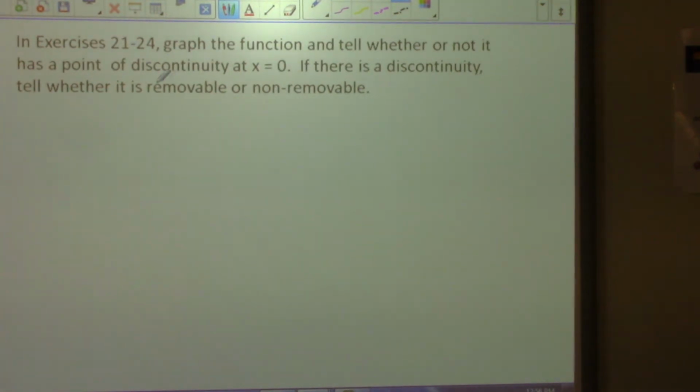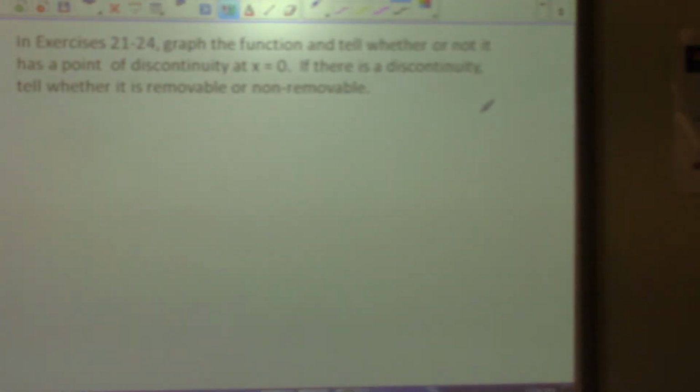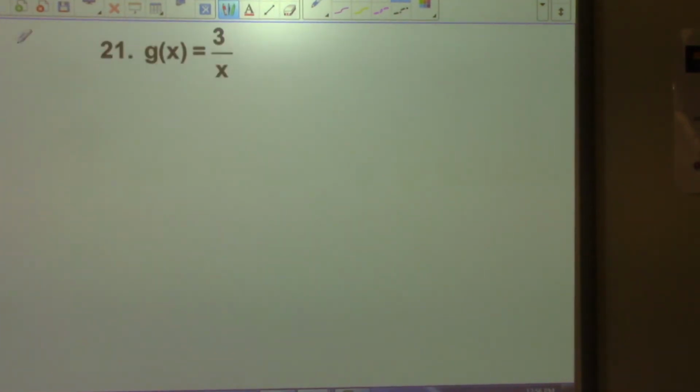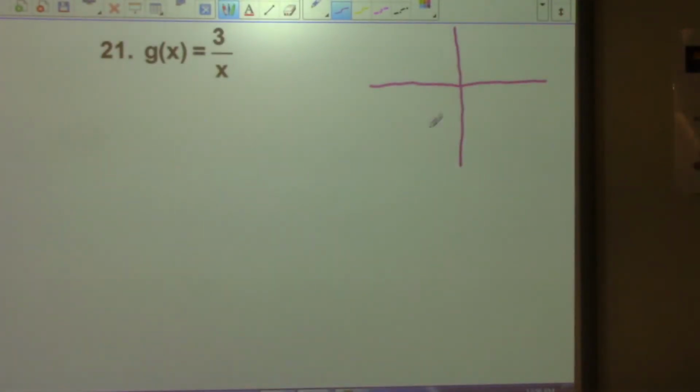So here we graph the function, tell whether or not it has a point of discontinuity at x equals 0. If there is a discontinuity, tell whether it is removable or non-removable. So now we come here, and it says graph the function. So if we graph this function, and I hope you have your calculators for this, what do we see?